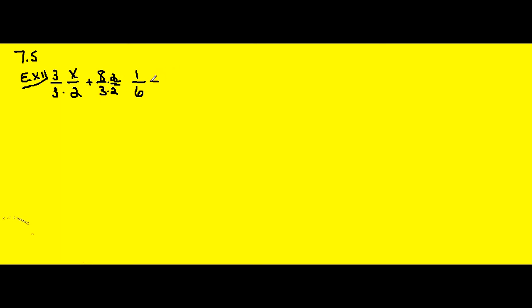So now when I go to solve this, I can just use the numerators, and that's going to be 3 times x, which is 3x, plus 8 times 2, which is 16. That equals 1. And now my equation is this nice little thing, and I can solve for x by subtracting 16.